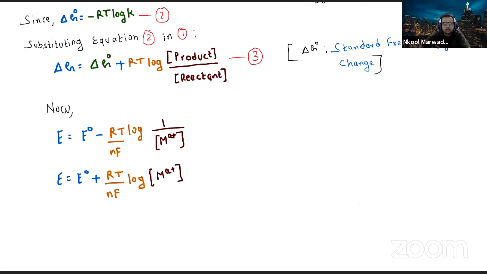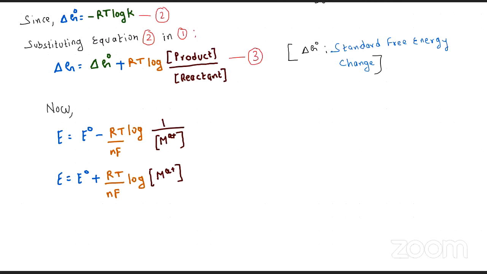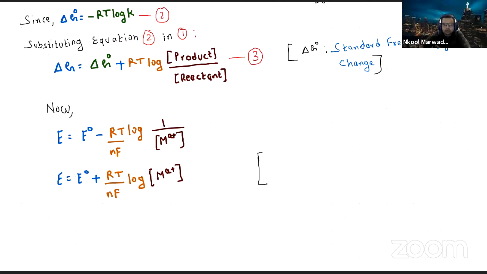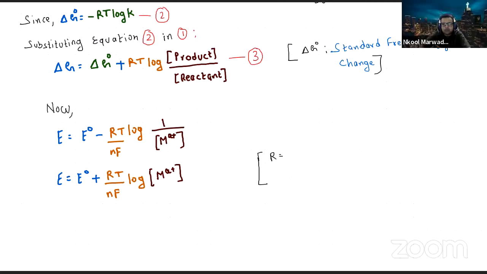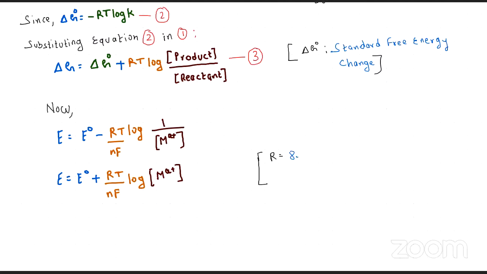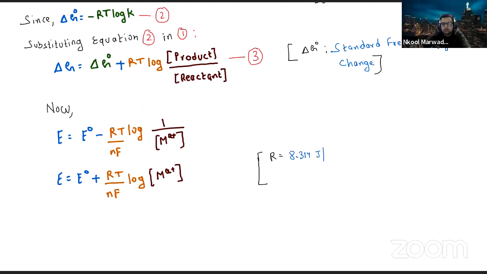Now here we are using some constants. R is the universal gas constant. Its value is 8.314 joule per Kelvin per mole.